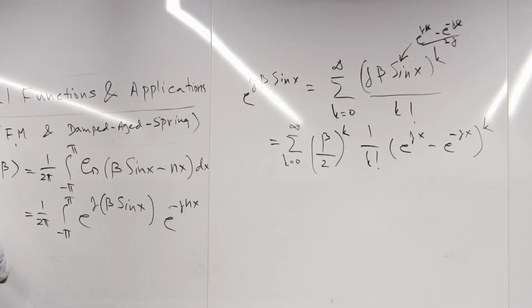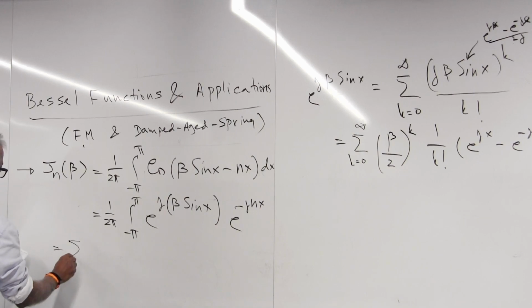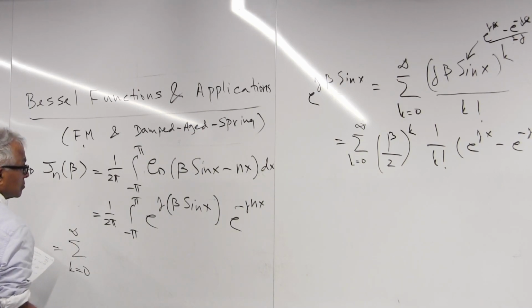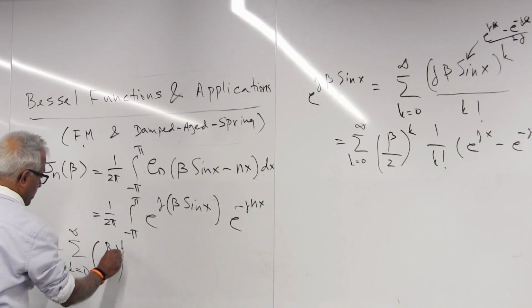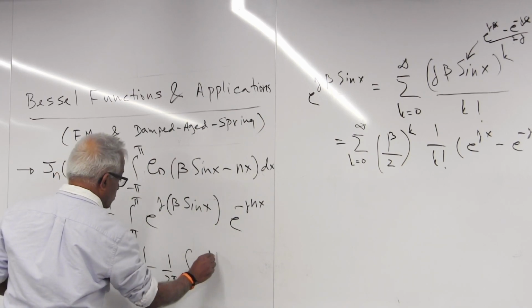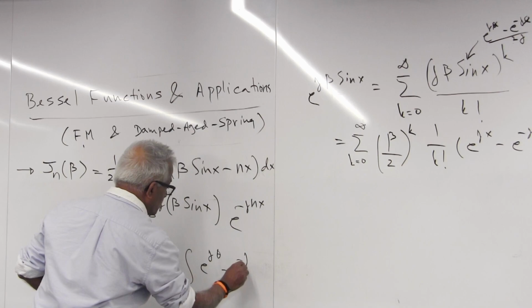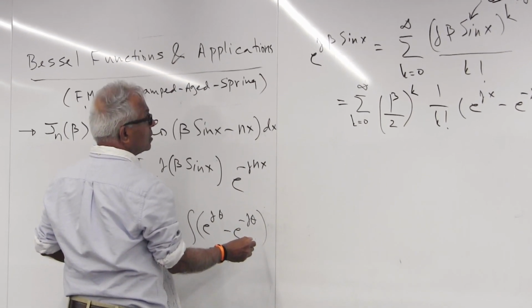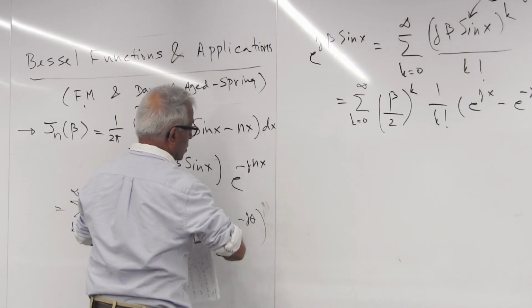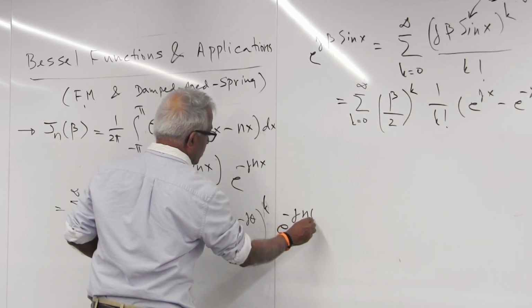Or before I do that, if I substitute here, this becomes the summation k equal to 0 through infinity of beta by 2 to the power k, 1 over k factorial, then the integral 1 over 2 pi of e raised to j theta minus e raised to minus j theta, where we replace the variable by theta, to the power k, then e raised to minus j n theta d theta.